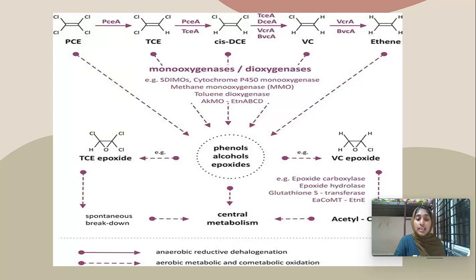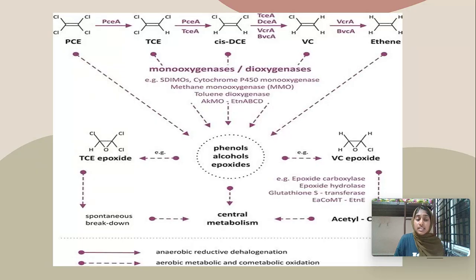Whereas in the case of aerobic metabolic and co-metabolic oxidation, the intermediate compounds from the anaerobic reductive dehalogenation, the compounds such as TCE, cis-DCE, vinyl chloride and ethene, are converted into phenols, alcohols and epoxides by monooxygenase or dioxygenase activity, thus forming TCE epoxide, which is an intermediate in the aerobic metabolic or co-metabolic oxidation.